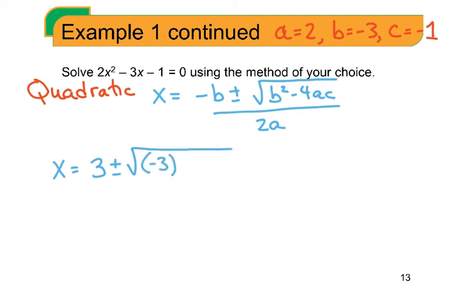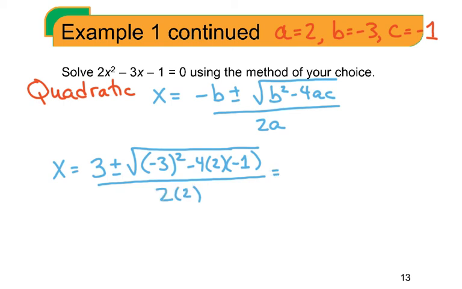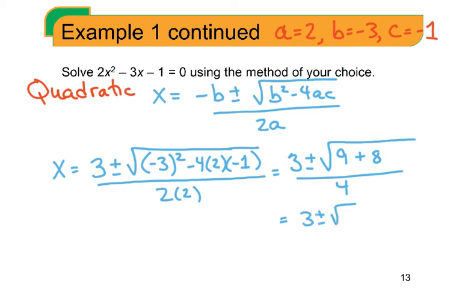Minus, -3 squared, B squared, minus 4 times A times C, all divided by 2 times A. Now, this is 3 plus or minus the square root of 9 plus 8 over 4. 3 plus or minus the square root of 17 over 4.